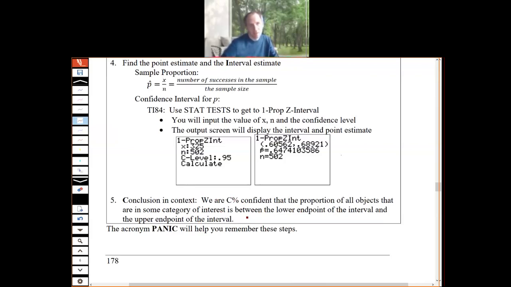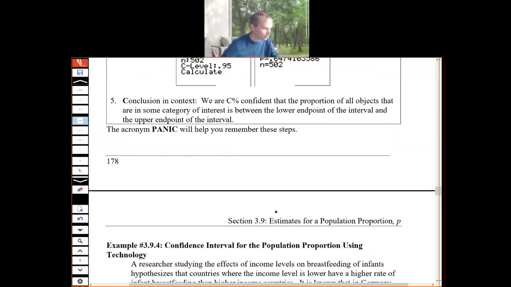I'm not saying that that's ideal, but for the learning process, I'm trying to keep things simple. So we are C% confident. In our example, we could say 90% confident that the proportion of all, in this case, new mothers, is between, and then we give our lower endpoint of the interval and the upper endpoint of the interval.